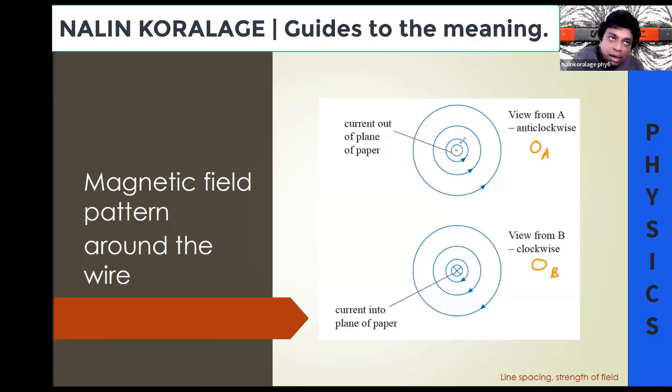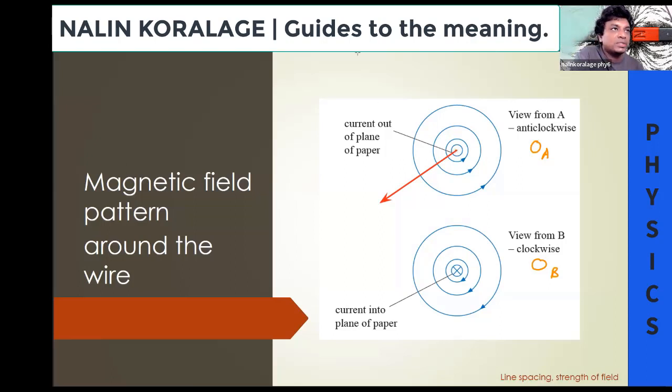Now the shape of the magnetic field pattern is going to be circular. So circles have to be drawn, right? So we keep drawing a few circles like that. And you have to stick to one of the very important properties while drawing away from that current carrying wire. Now the wire is going to be somewhere here, right?